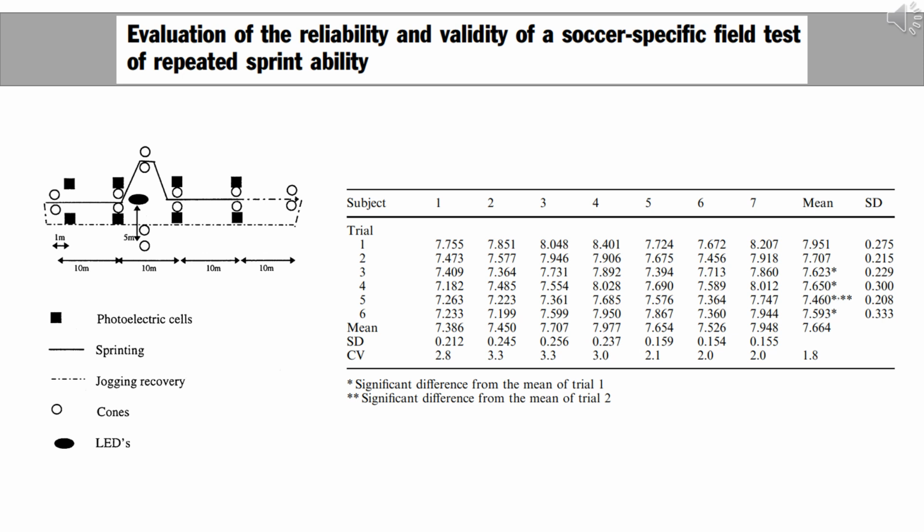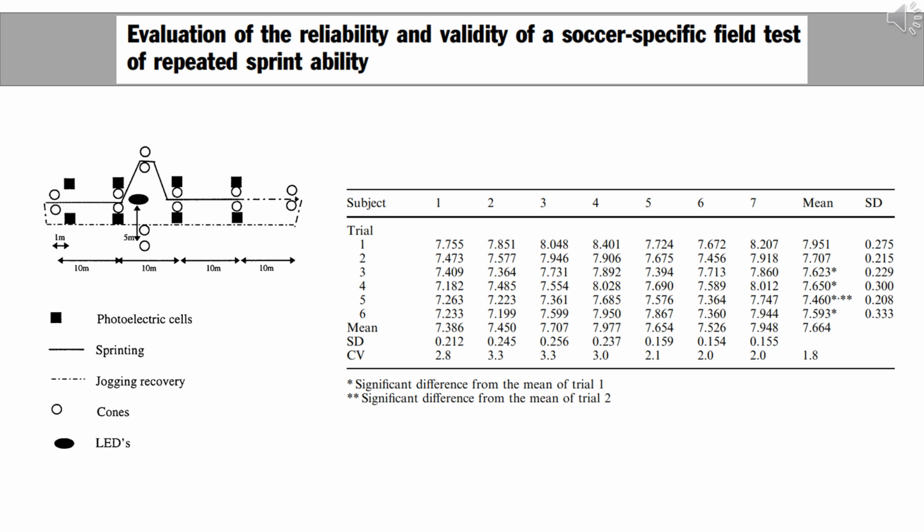So I'm not entirely sure what makes this particular protocol soccer specific, given that probably any team sport will be required to undertake various different magnitudes and volumes of changes of direction.